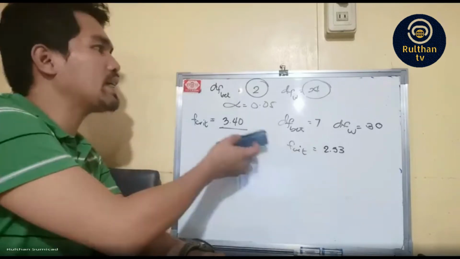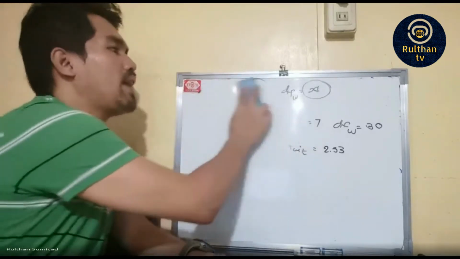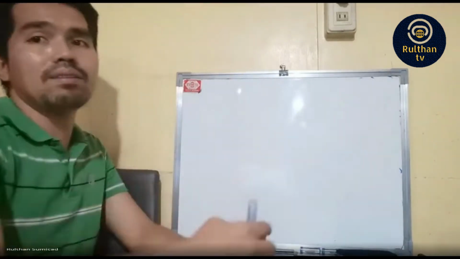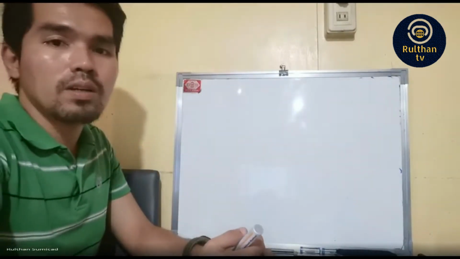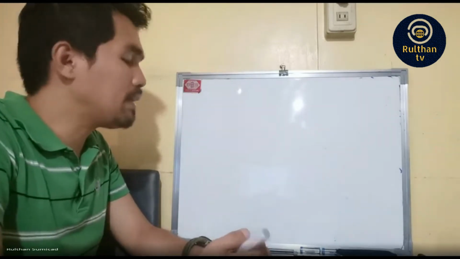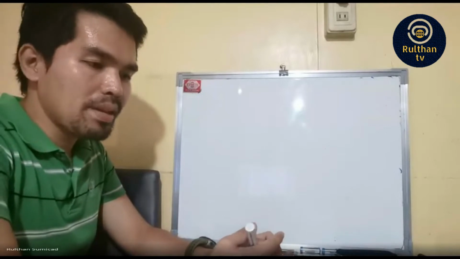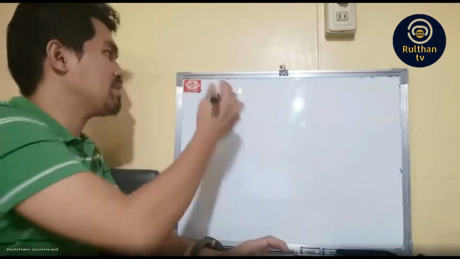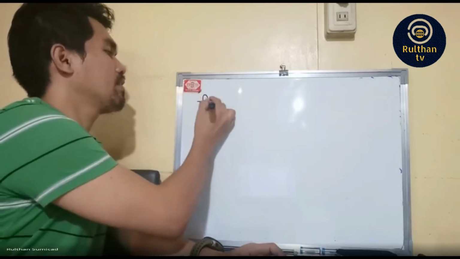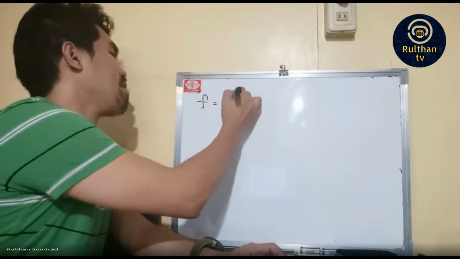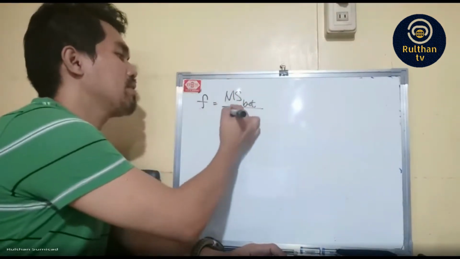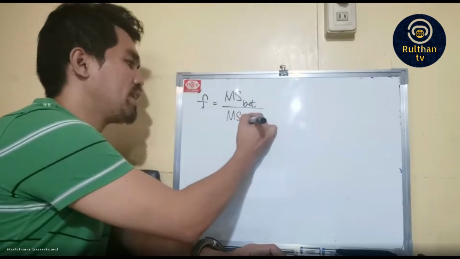We know already how to read the table. Let's now have the actual computation for our F value. Our computation for our F value is simply F is equal to MS between over MS within.